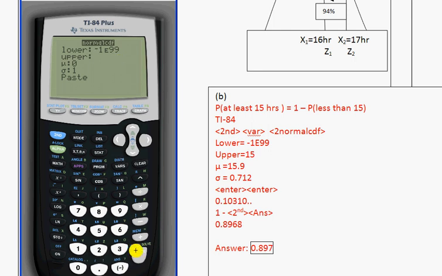Mu we have 15.9, so it is normal distribution, not standardized. And sigma we have 0.7. Okay, paste.